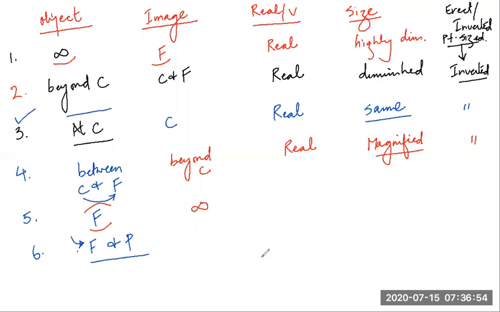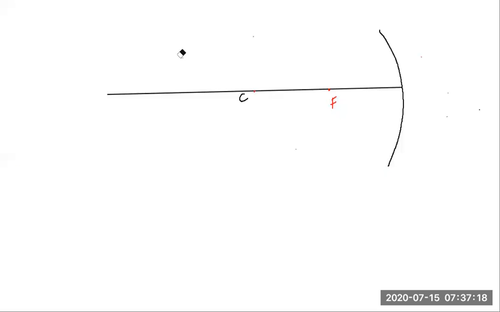All right, students, now we will draw the case when the object is at focus. Let's say this is the object, at focus. Again, the same principle. From the tip of the object, draw a parallel line, and the parallel line will always pass through focus, right, students?